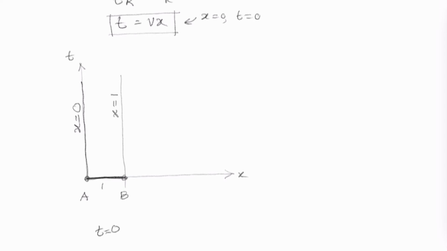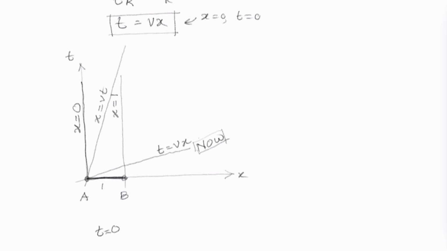What do I mean by the length of the tape? This is my trajectory of existence, x equals vt. And this is my line of now, t equals vx. What I mean by the length of the tape is the distance between its two ends in my present moment, a distance measured simultaneously in my frame of reference.